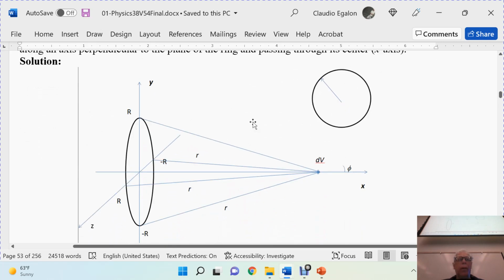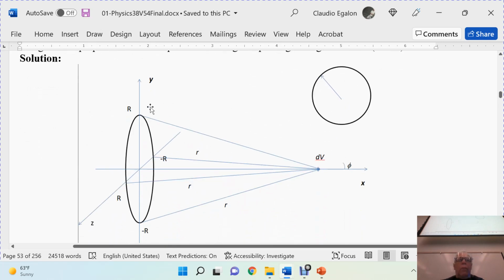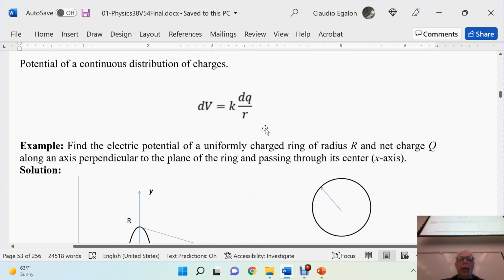Let's do that for a ring. Take the contribution for the electric potential for each infinitesimal charge along this ring. And then you sum. By summing, we mean we integrate.